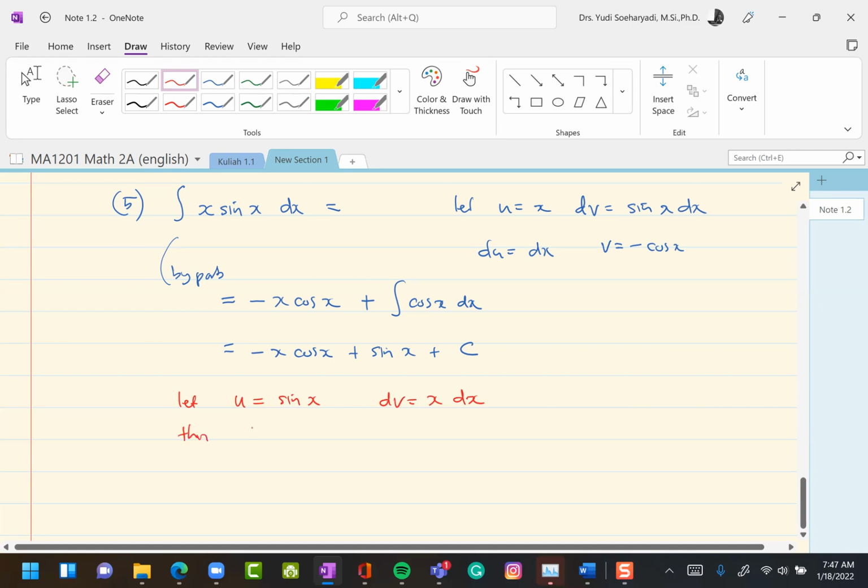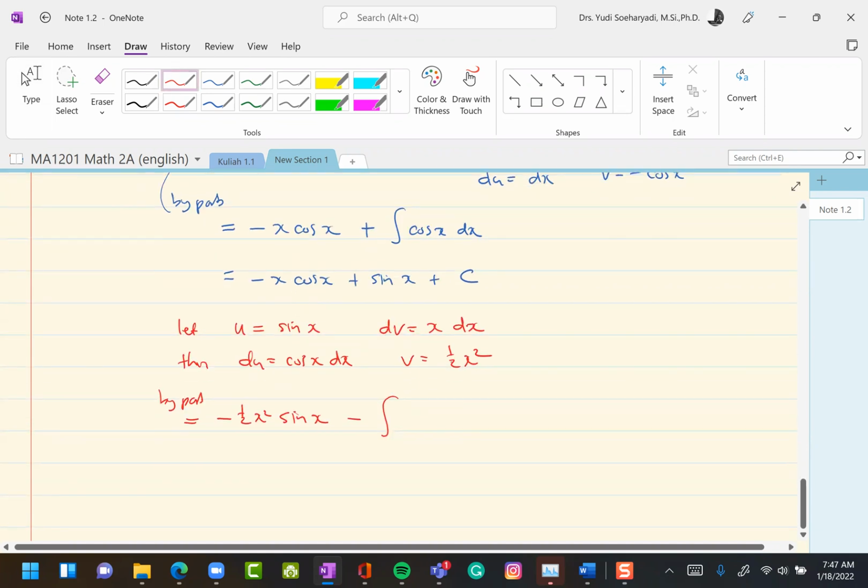Then du is just the derivative of sine, and v is just 1/2 x squared, you integrate. So by parts, you get u times v, and here you have the v du, so 1/2 x squared.